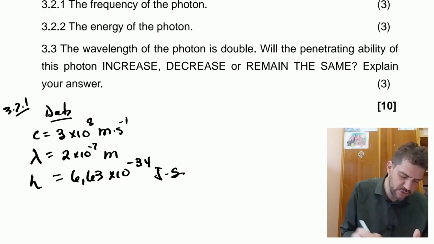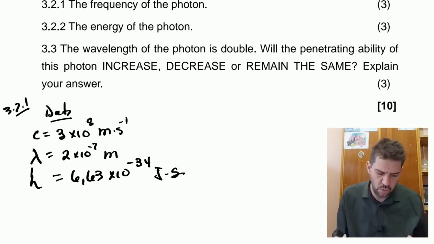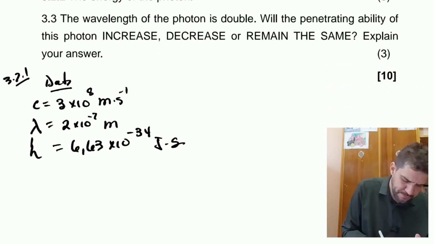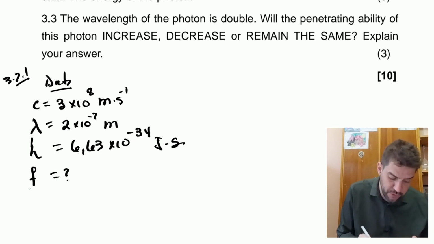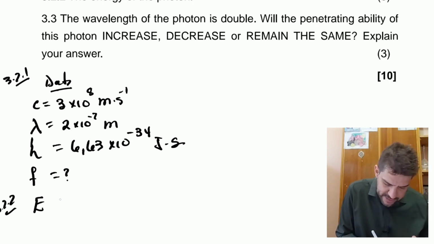So you need it as well. And guys, the rest is a question mark. The question mark in this question was frequency. For 3.2.2, they ask you to calculate energy.